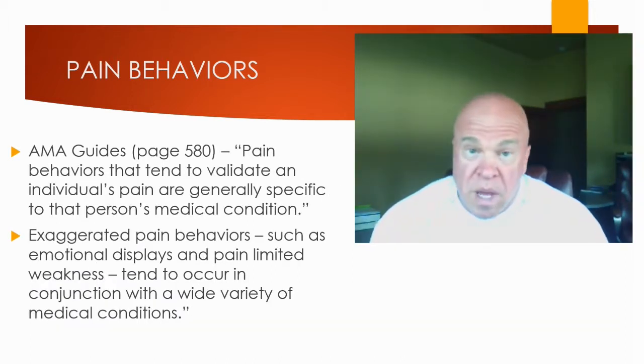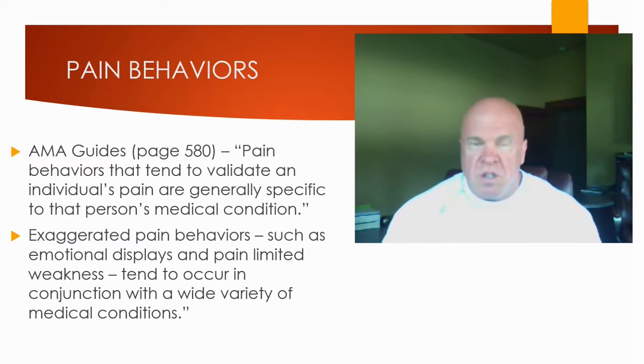Now, in making this distinction between consistency and inconsistency of the examinee's pain behaviors with their known injury and known condition, the AMA Guides on the very next page, page 580, give us a great clue that assists in making this critical decision.